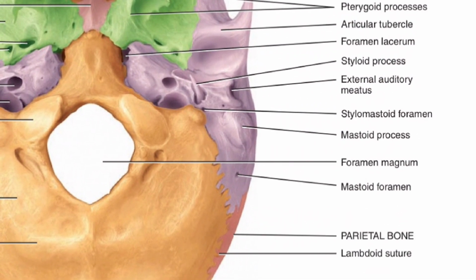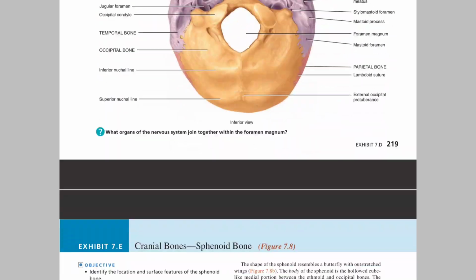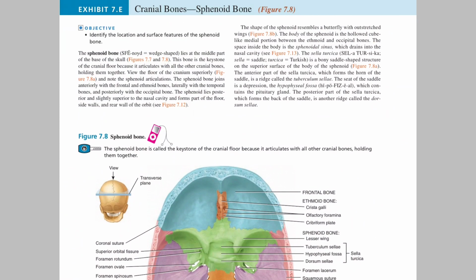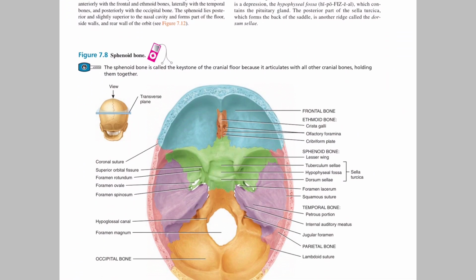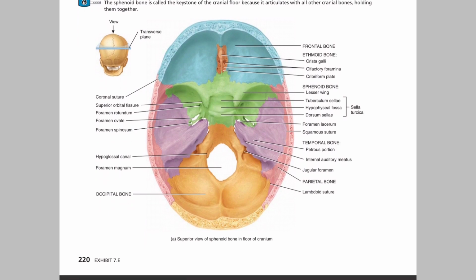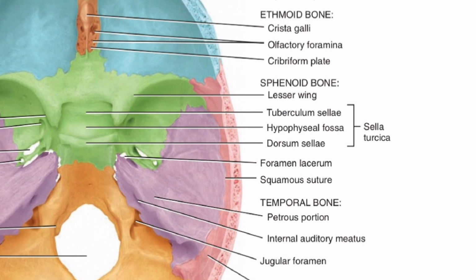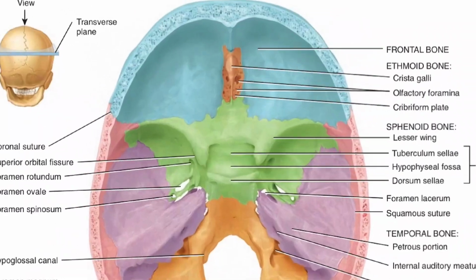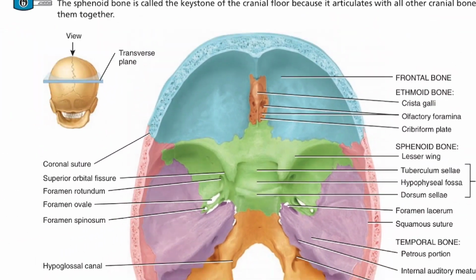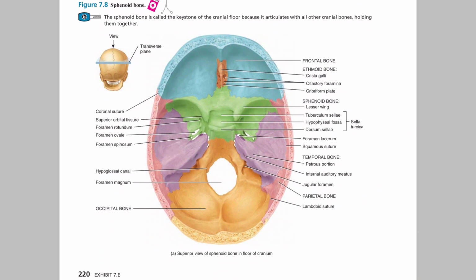Foramen magnum, the sphenoid bone. Here, this is the green color bone, sphenoid.